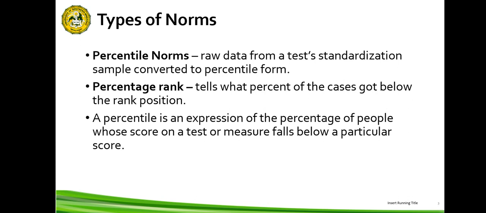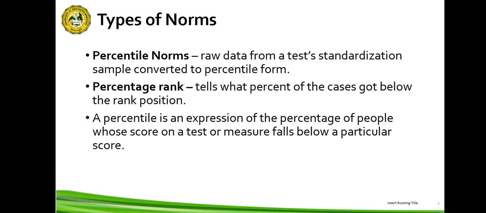Okay, when we say percentile, it refers to those values that divide a distribution into 100 equal parts. Now, let me read percentile norms. Again, it is raw data from a test standardization sample converted to percentile form.